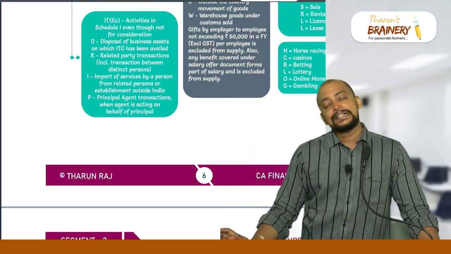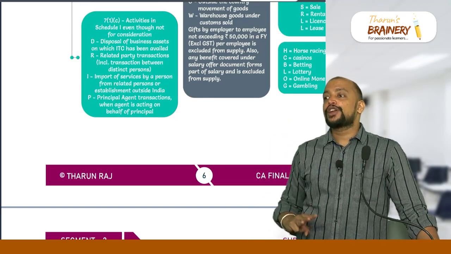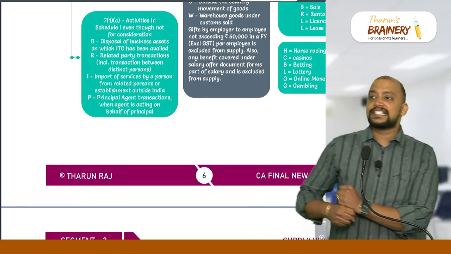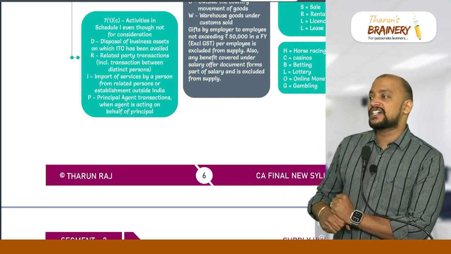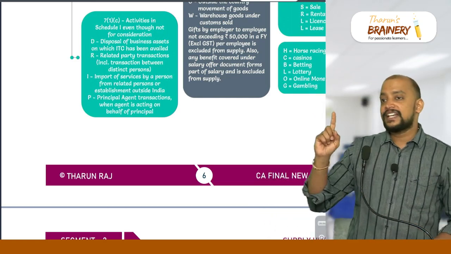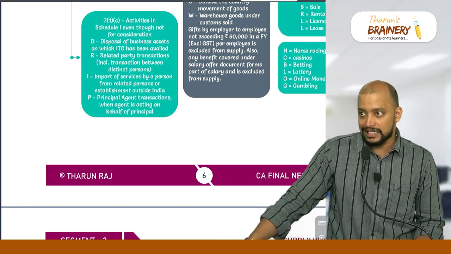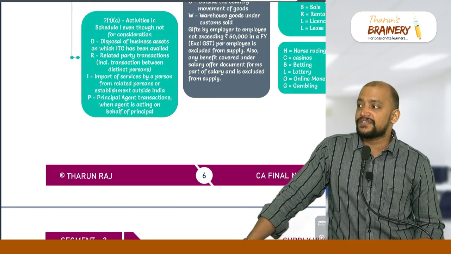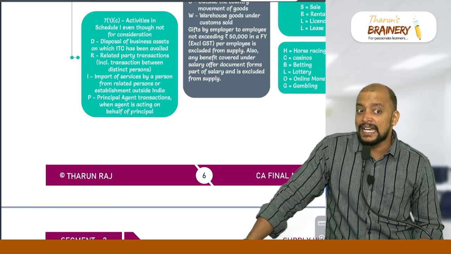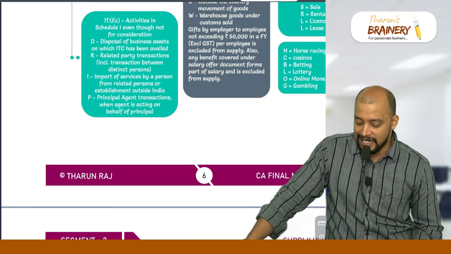You understood? Then next, we have D for import of services. Please compare import of service in 7(1)(b) and import of service in 7(1)(c). What is the difference? 7(1)(b) is with consideration, 7(1)(c) is without consideration. 7(1)(b) is import of service from any person, but 7(1)(c) is import of service from a related person or another establishment located outside India.